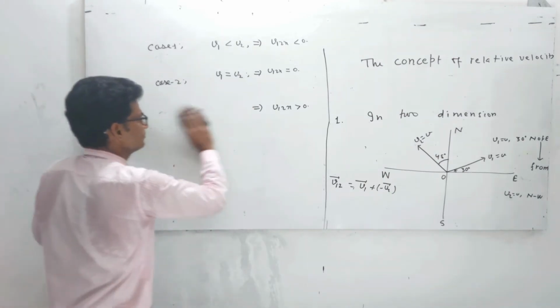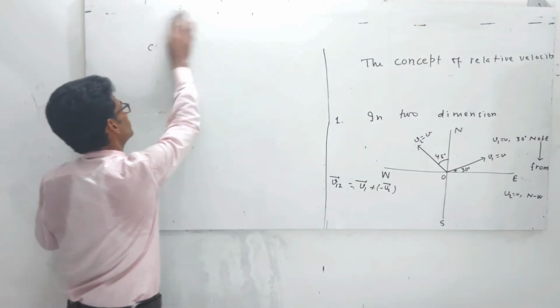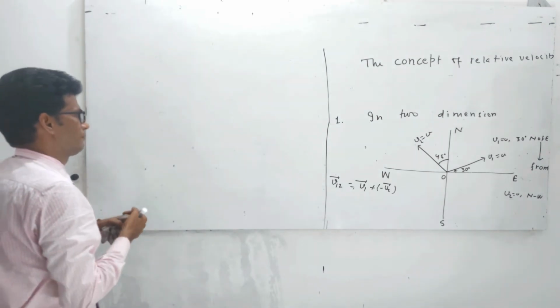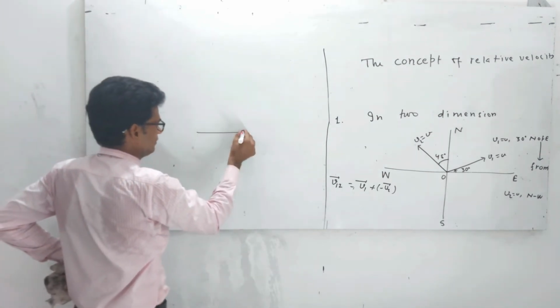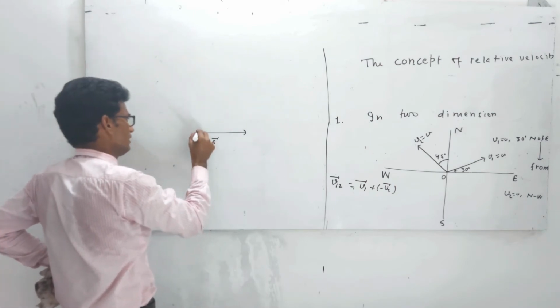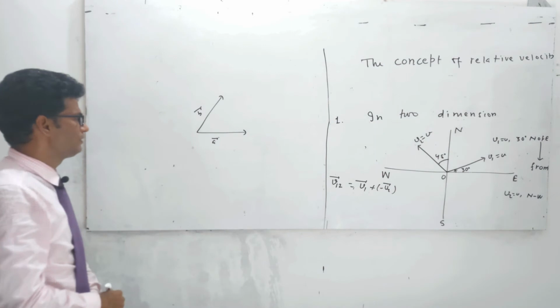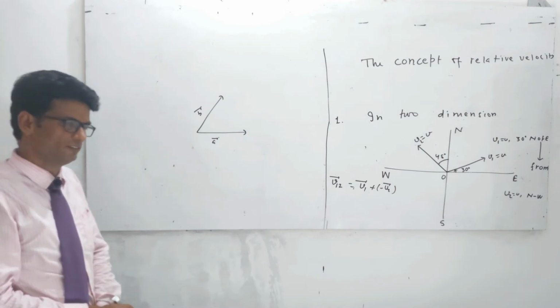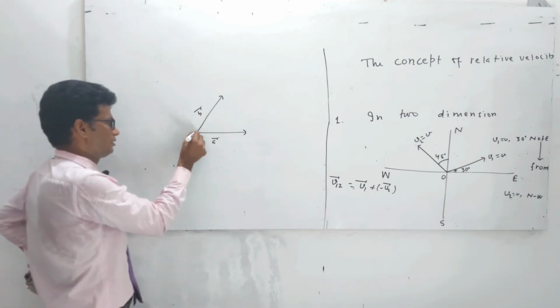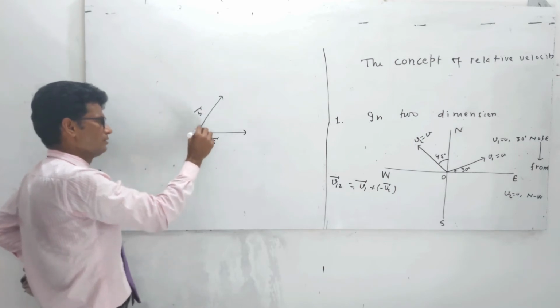Look here. Say we have two vectors, vector A and vector B. No matter in which direction these two vectors point, these two vectors diverge from this point.